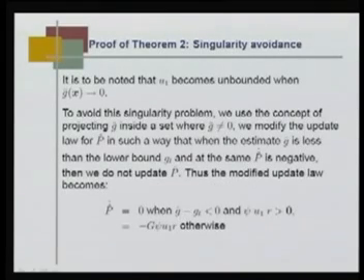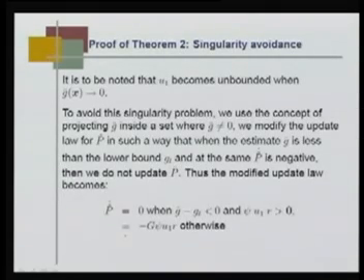Thus, the modified update law is p hat dot is 0 when g hat minus g_l is less than 0 and psi u 1 r is greater than 0.